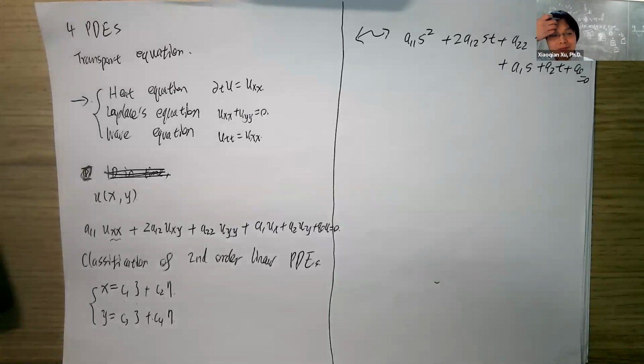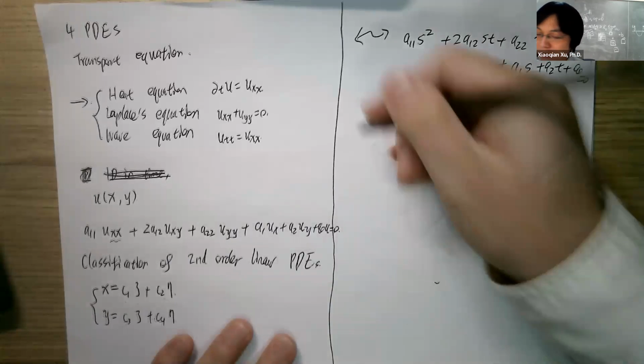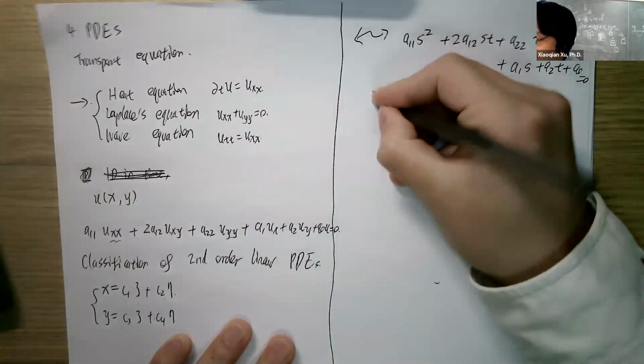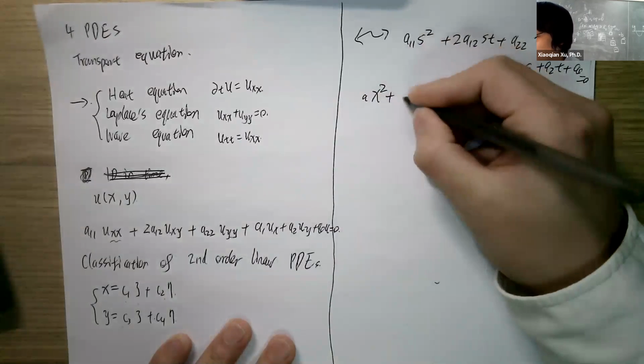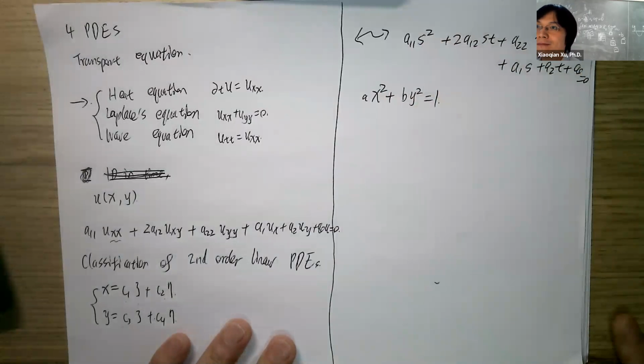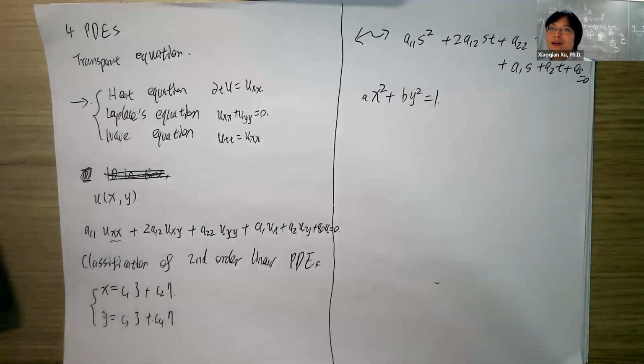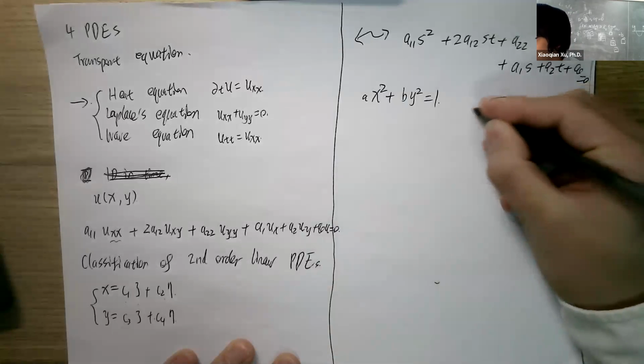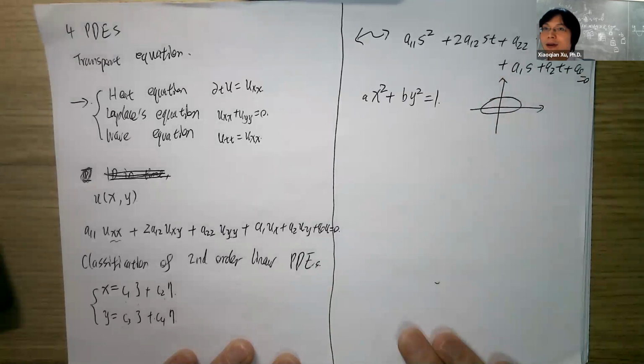One is something like an ellipsoid or circle, something like a times x squared plus b times y squared equals to 1. Okay, and this is like an ellipse, like this.